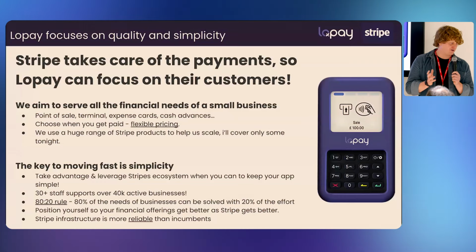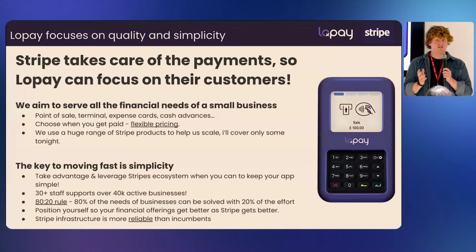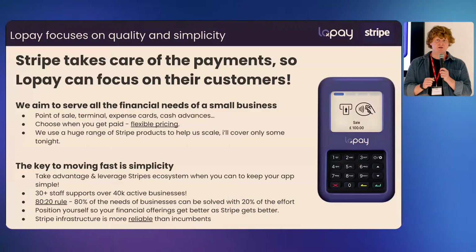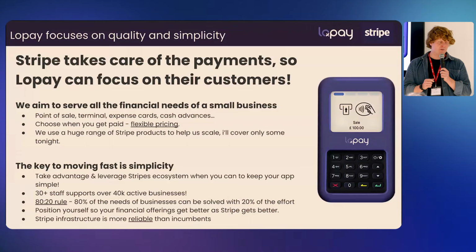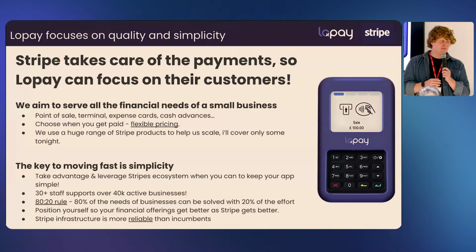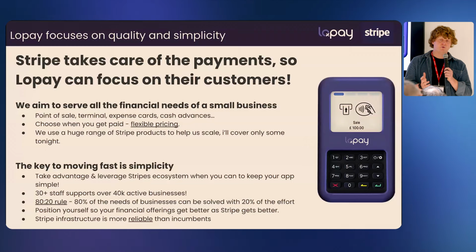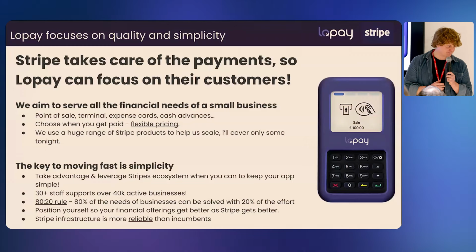So for example, I've got some numbers here. Lopay has a staff count of just over 30 people, and we have over 40,000 businesses using our product. When you compare that to other like-for-like POS companies, the ratios are much higher. So using Stripe allows us to move way more quickly and way more efficiently.